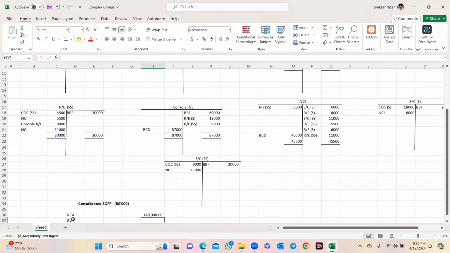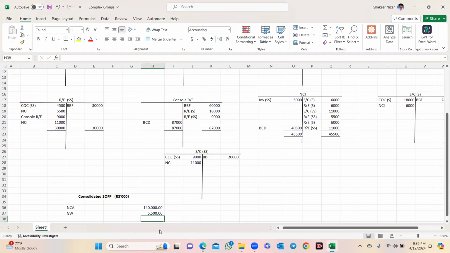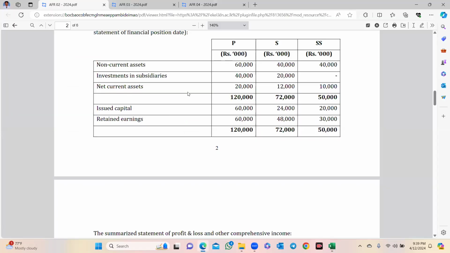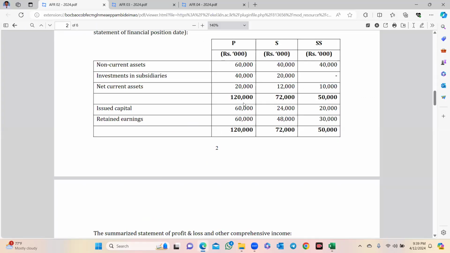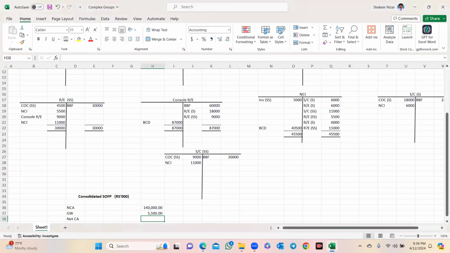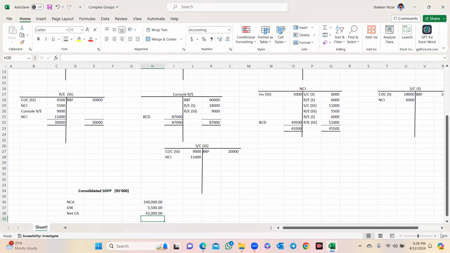Goodwill, how much is that? 5,500. Then net current assets, how much is that? 20,000, 12,000, 10,000.